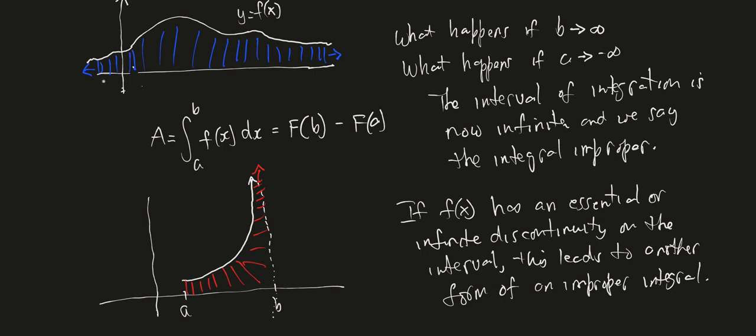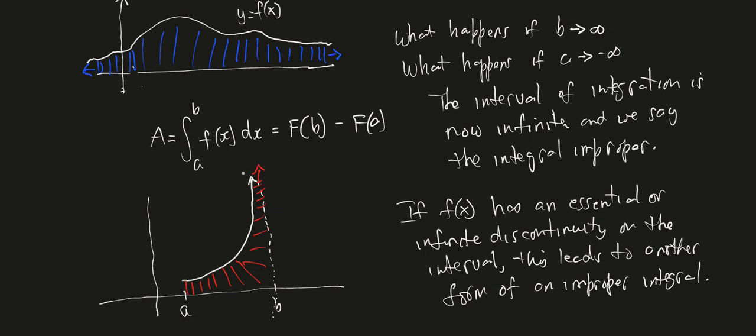We can modify what's happening here in the blue or what's happening here in the red in such a way that it's almost like we can simulate either the limits getting very, very large or the function getting very, very large.